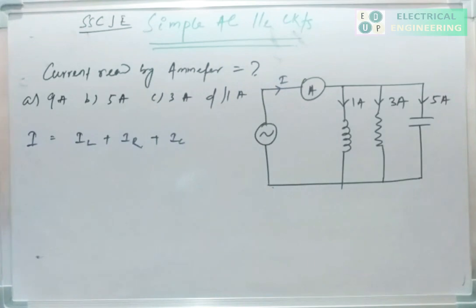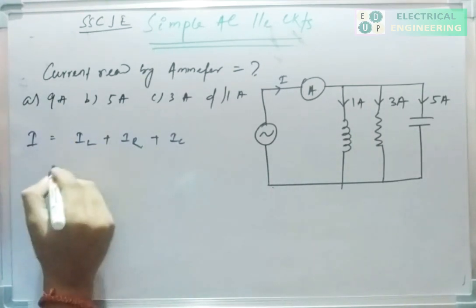Here again we can't add it algebraically. We have to add it vectorially. Same concept, similar kind of questions. Just use your basics, nothing else. Okay, so just add it vectorially. See what I'm doing here.